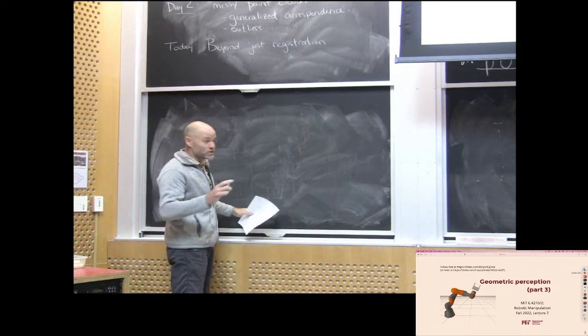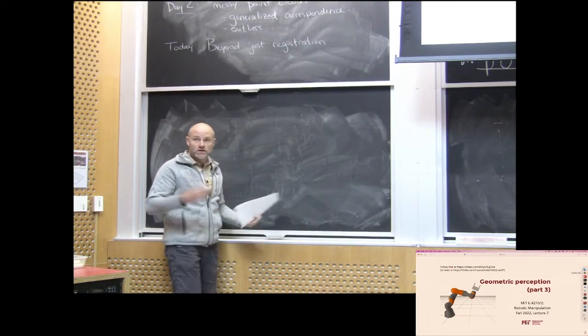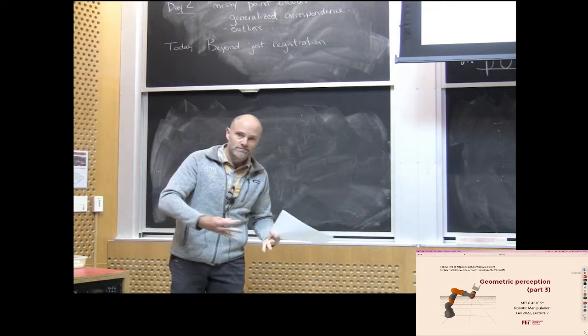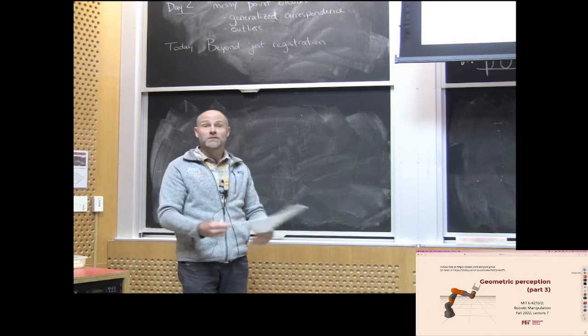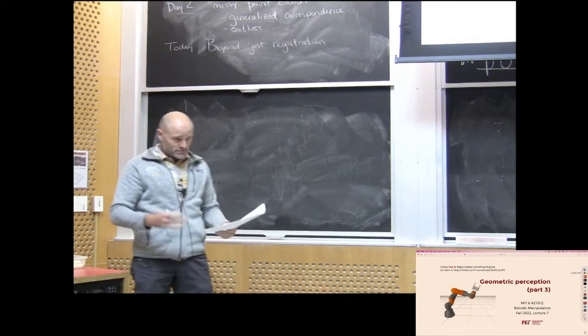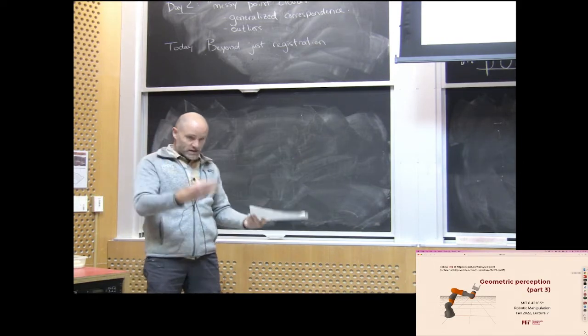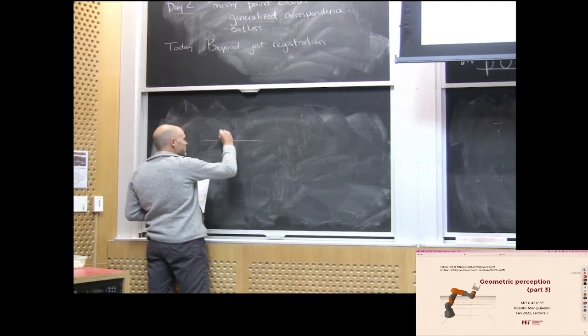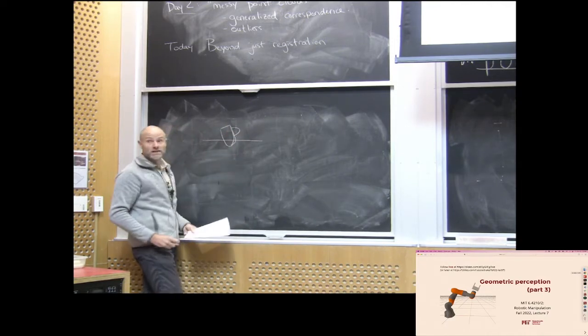So here's what happens when you start using ICP and all these variants. You have a beautiful model of your mustard bottle or your coffee mug, sitting on the table, and you've got a couple cameras pointing at it. ICP gives you a pose back that says the mug is in the table.